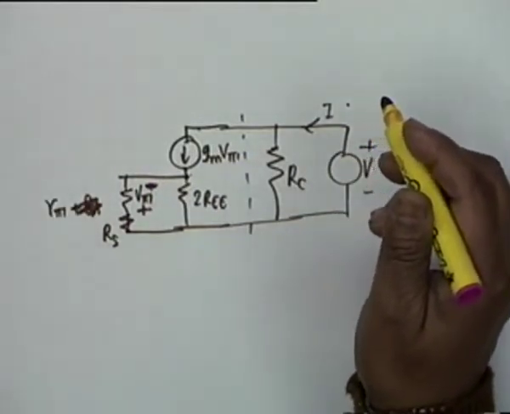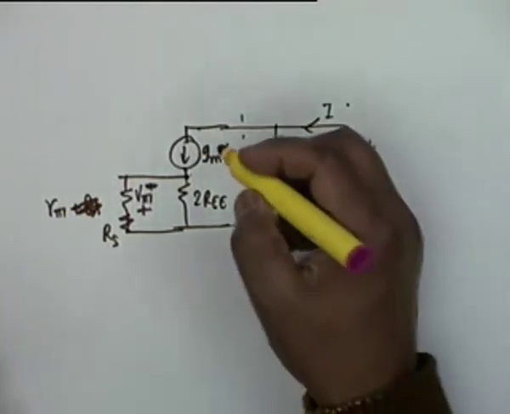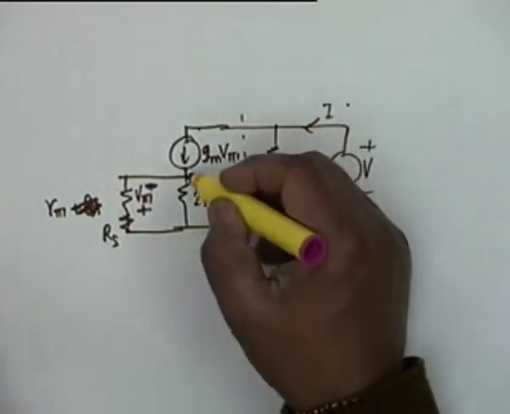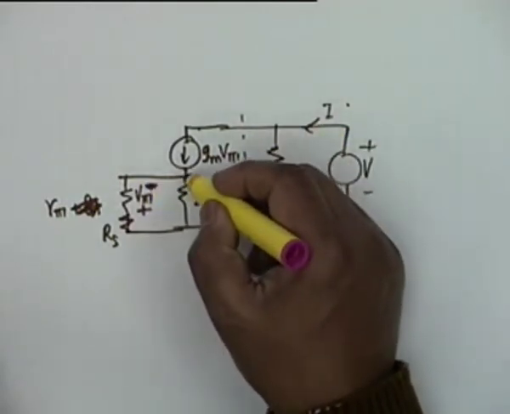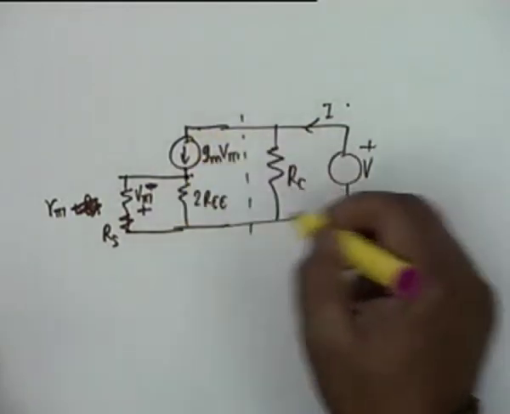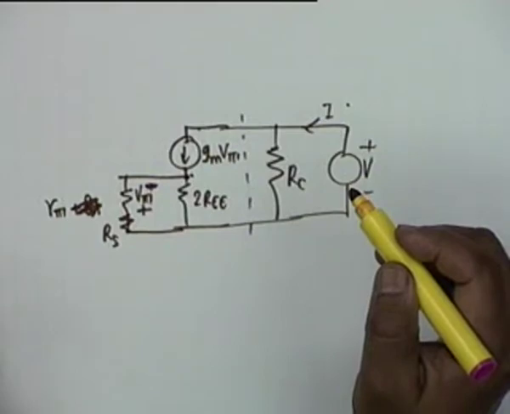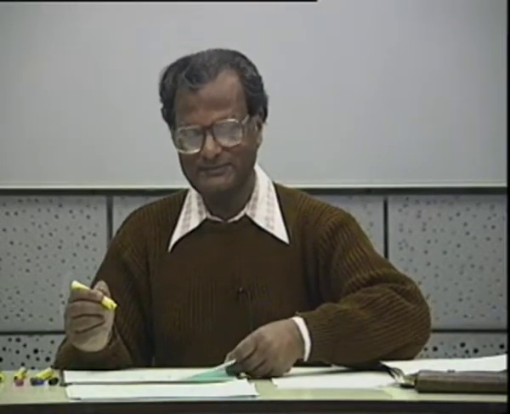How can you say that? Okay. I leave this to you to sort it out. How to sort it out? You assume a voltage here, and you have to write two node equations. Okay? And find out what the result is, and let me know in the problem session. Okay? Alright.